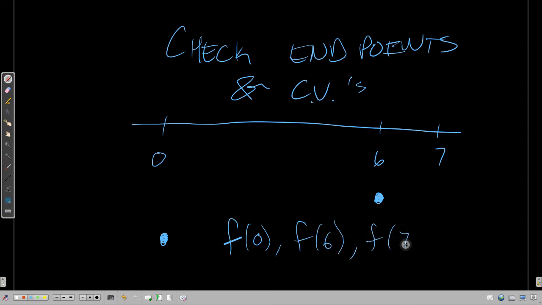You put those three numbers into that function f, and f of 6 will be the least such number. Meaning that you had a global minimum. It wasn't merely just a local minimum.